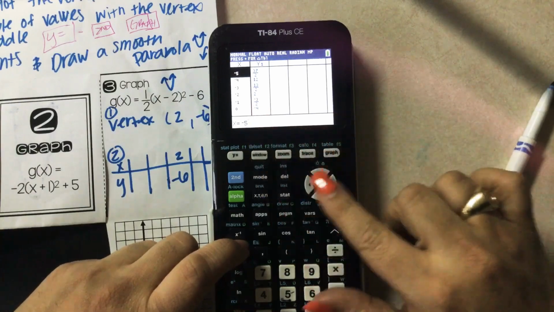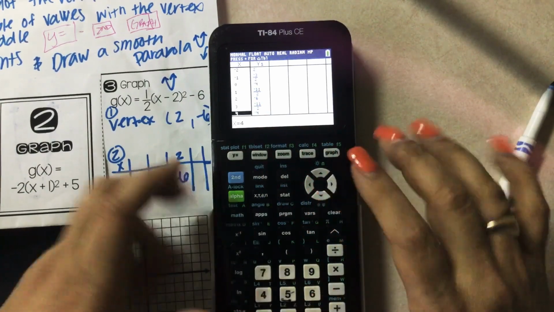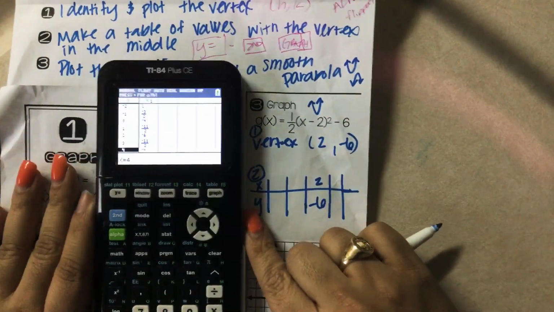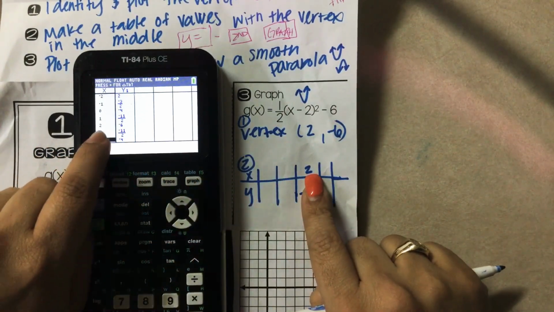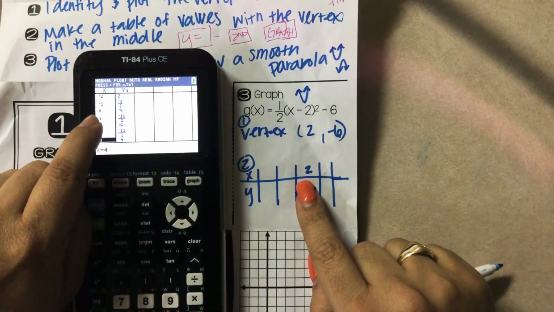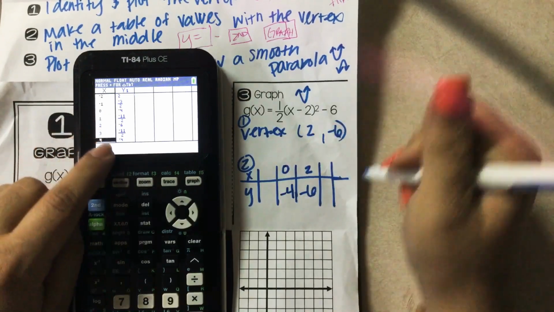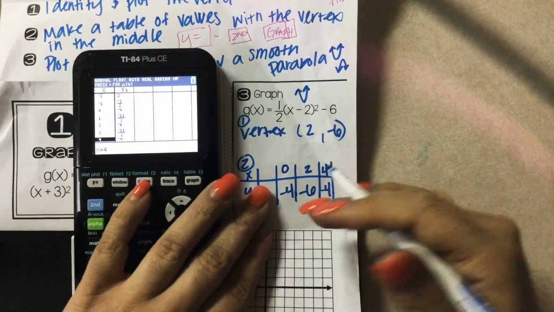See all these fractions? We do not want to graph those. Those are going to make our life difficult right now. So what we're going to end up doing is we're only going to write the ones with the whole number. So there's 2, -6. And the one before it is not a whole number. But right before that, you've got 0 with a -4. And on the opposite spectrum, you've got 4, -4.